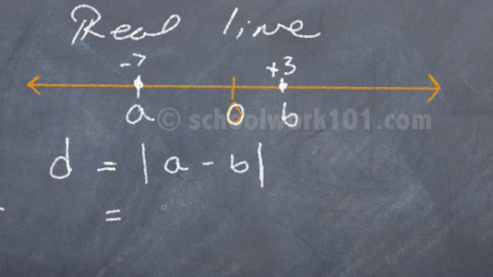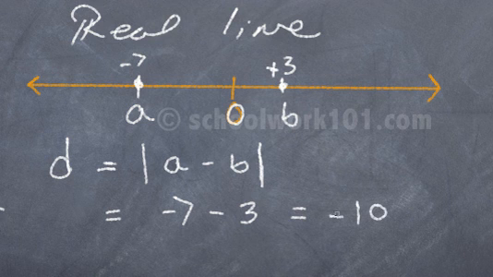If A is -7 and B is 3, then what do we get? We get -10. And when we're just talking about distance, distance needs to be a positive number.